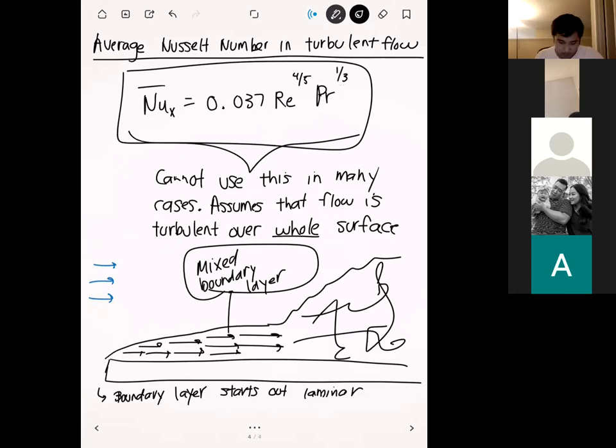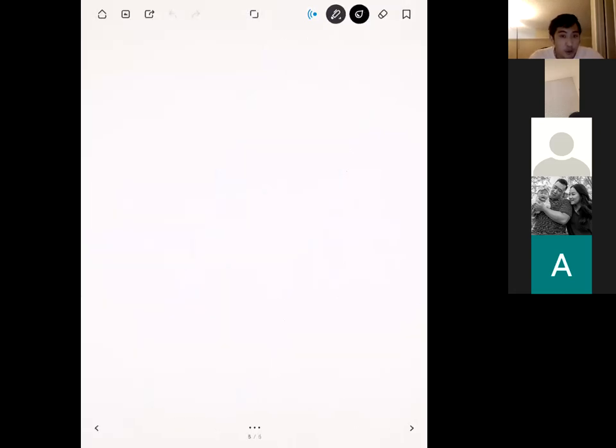Okay. Let's go over what you have to do for a mixed boundary layer. For a mixed boundary layer, you're going to use the following expression, which is for the average Nusselt number over the entire surface.